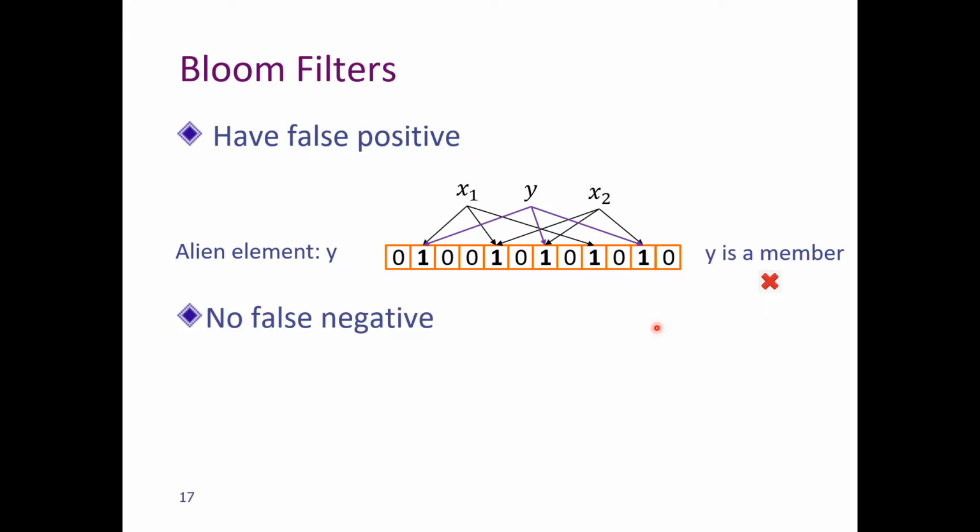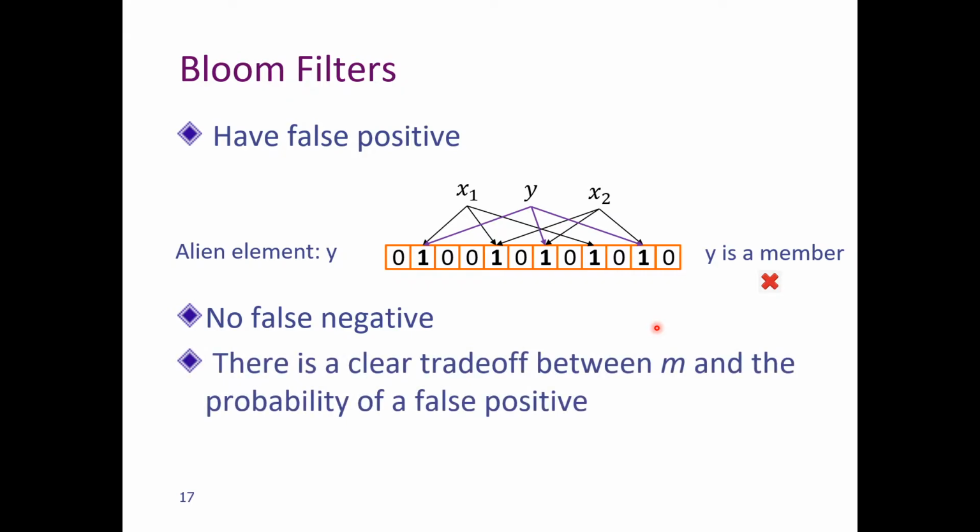However, there's no false negative. That means if the Bloom filter tells us that the key is not a member, then the key is not a member. There's no false reporting. So there is a clear trade-off between m and the probability of a false positive.